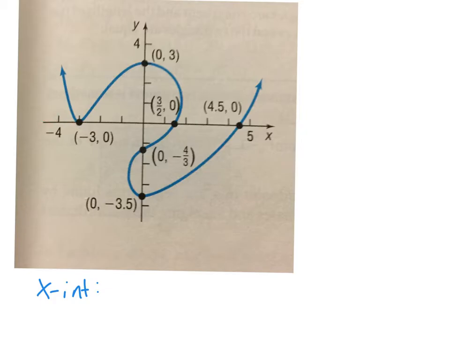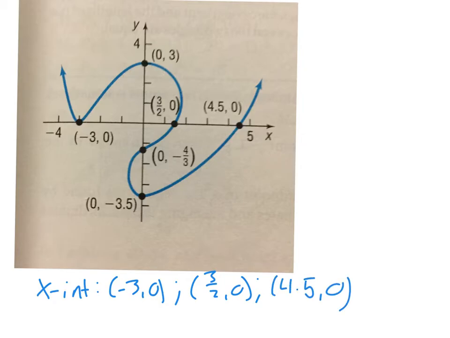It's here at -3, 0. So that's an x-intercept. Okay, where's my next x-intercept? It's at 3/2, 0. Very good, 3/2, 0. And then my next x-intercept is at 4.5. Okay, and does it cross the x-axis again? No, it does not. So those are all of my x-intercepts.